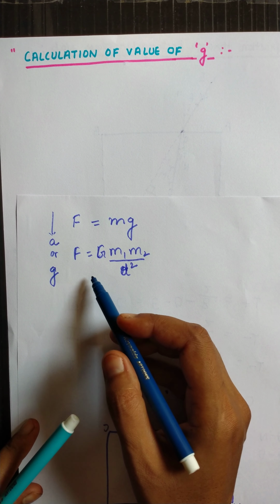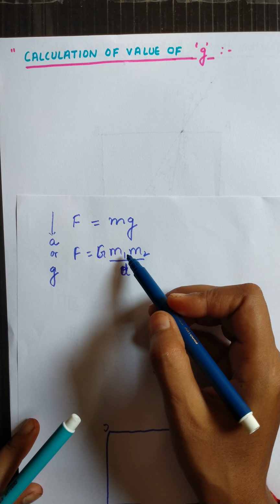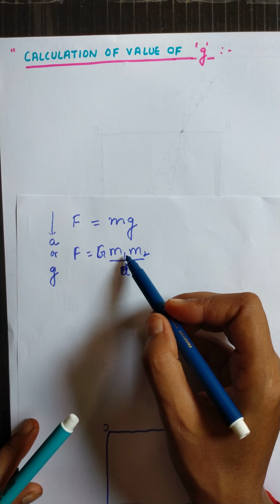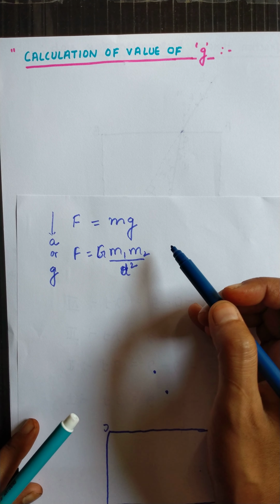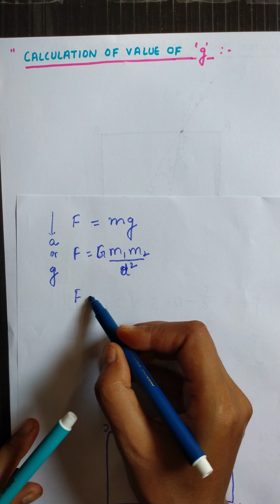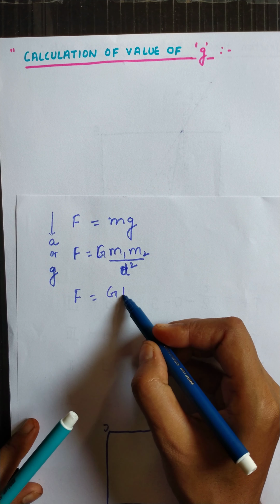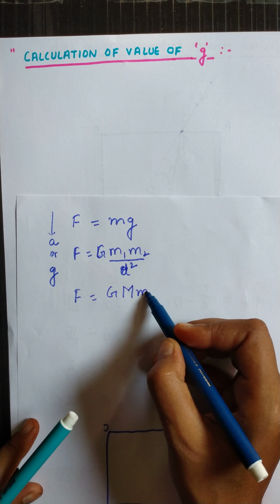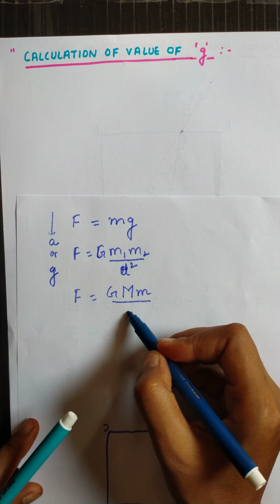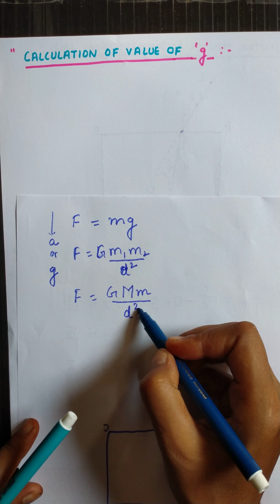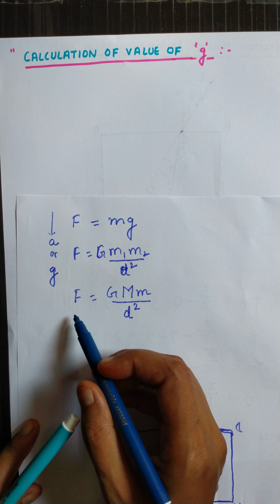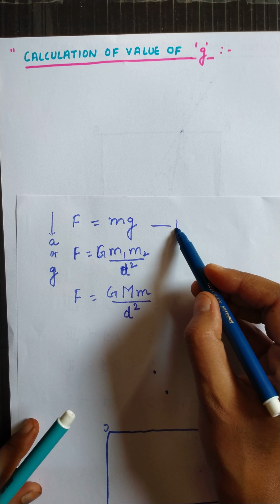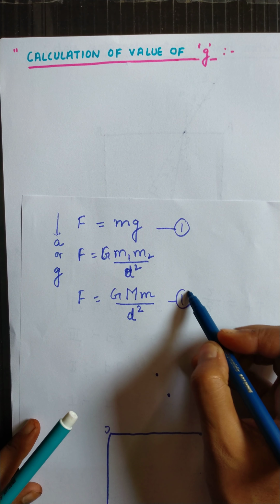Now students, if we consider the mass of the object as m and the mass of the earth as capital M, then F is equal to capital G, capital M, that is the mass of earth, and small m, the mass of the object, upon the distance between the object and the earth squared.